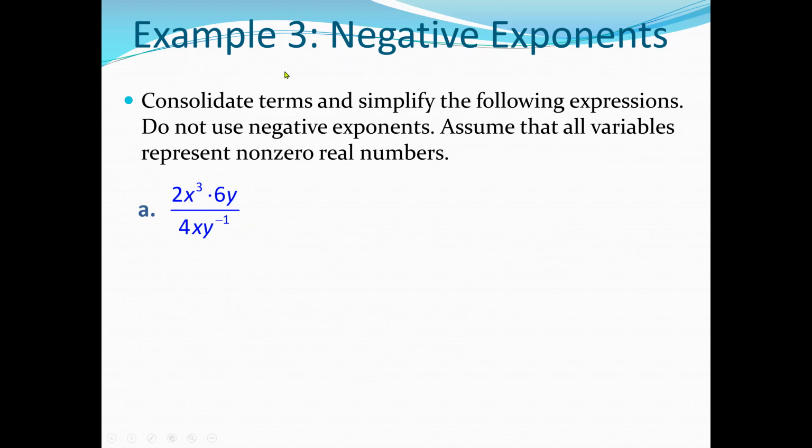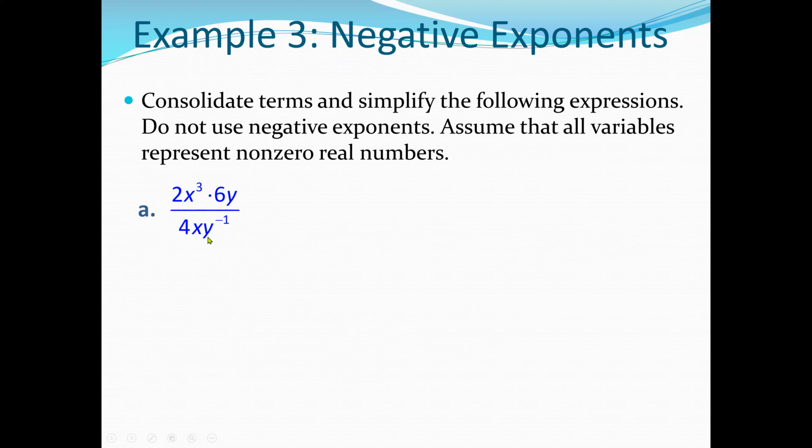So let's try example number 3. Here it is getting a little bit complex. We have 2x cubed times 6y divided by 4xy to the power negative 1. So we remember that we can only work on the same base.